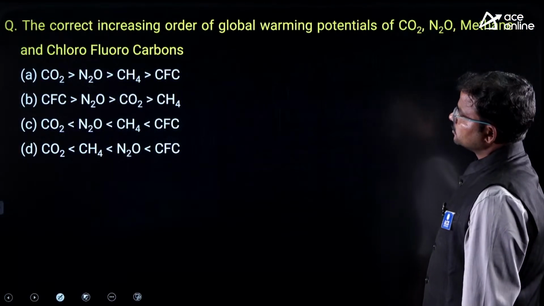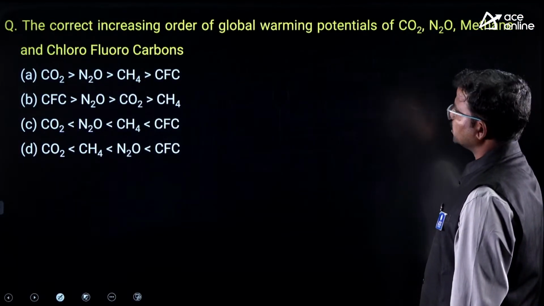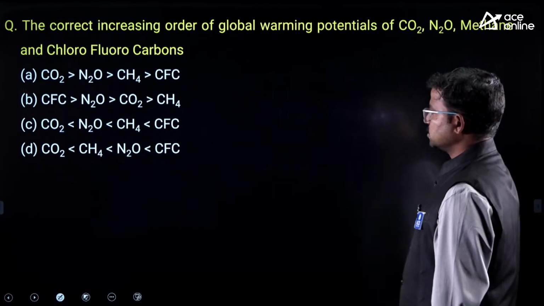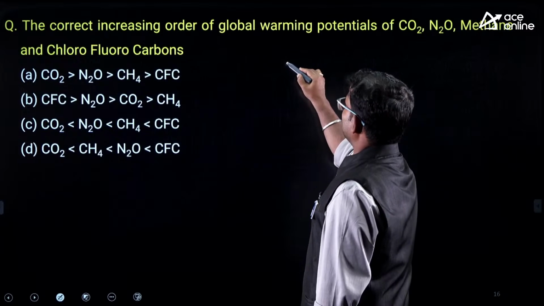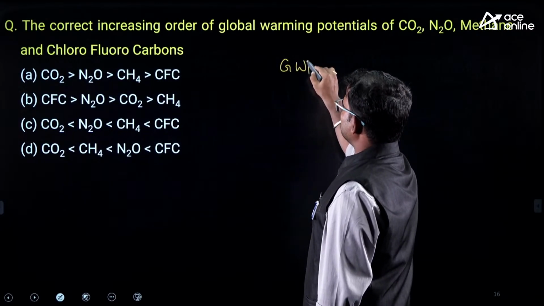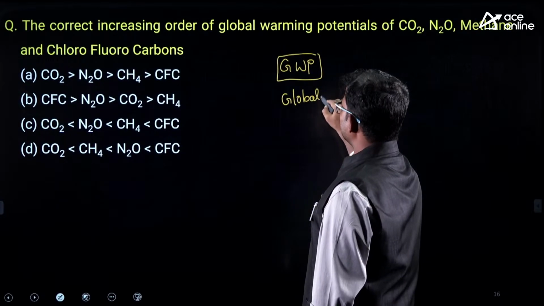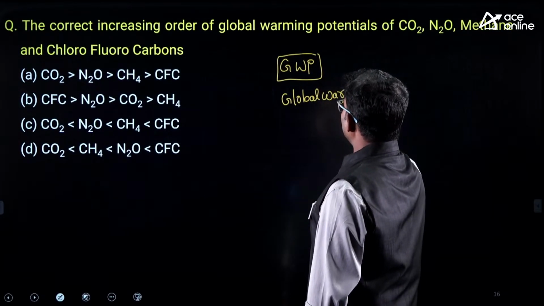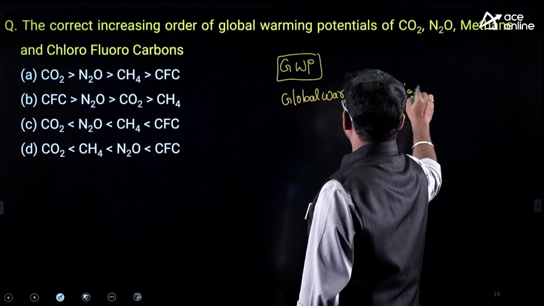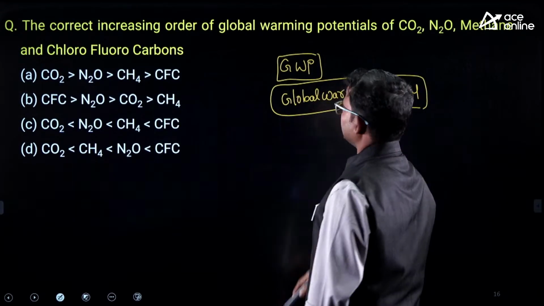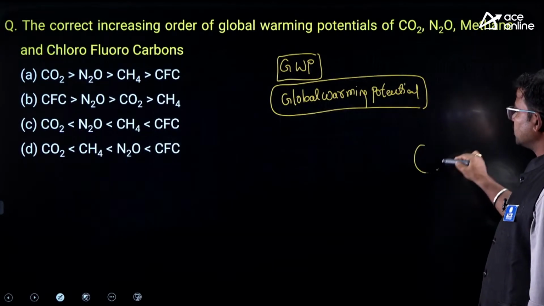Next one. The correct increasing order of global warming potential of carbon dioxide, nitrous oxide, methane, chlorofluorocarbons. Global warming potential, GWP, means, let's consider one example.